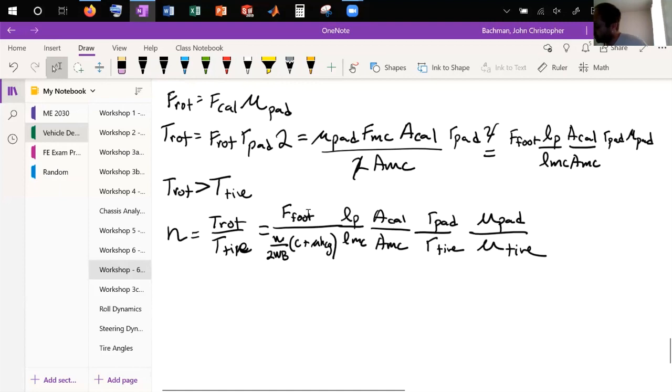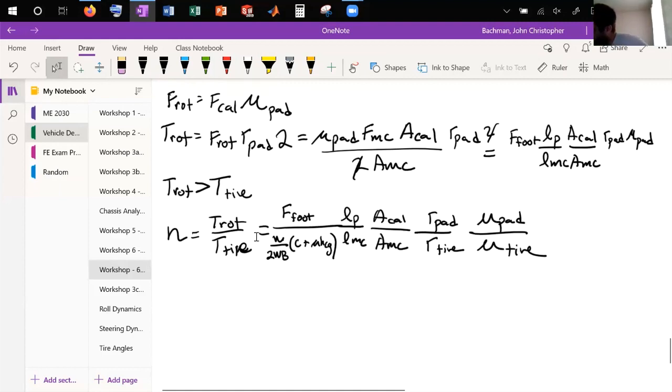And so you want just generally the stuff on top to be bigger than the stuff on the bottom to help you lock, right? You see how these all make it more likely to lock. All of these things being big make it less likely to lock, right? And so you can see these as kind of amplification factors in the middle. These are just kind of ratios.